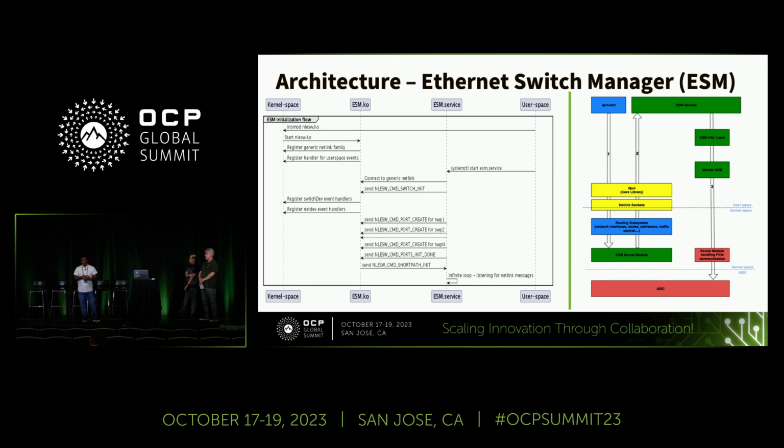Both of them start up per the sequence of Linux boot up, and eventually it establishes connection through the generic netlink socket, and it's ready to listen in on any of the events that happen in the TCP/IP stack or any other networking module in the kernel, like port events or any of the routing events or FDB, L3, any sort of thing. So it essentially sits in that infinite loop listening for events and waiting to handle them.